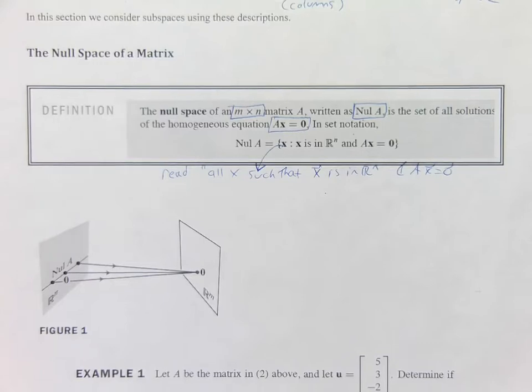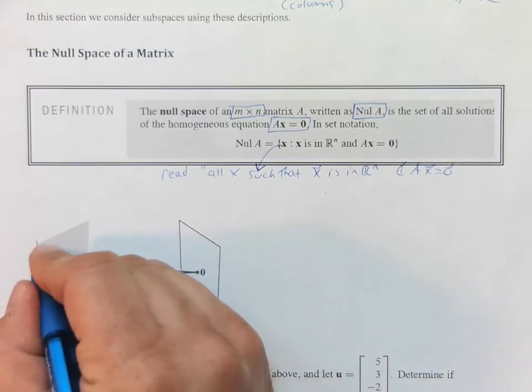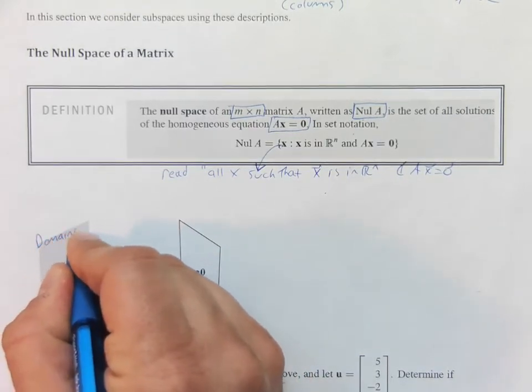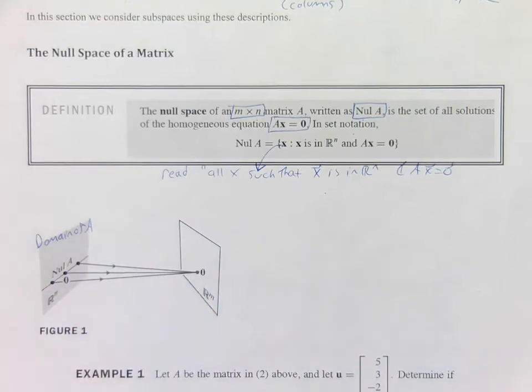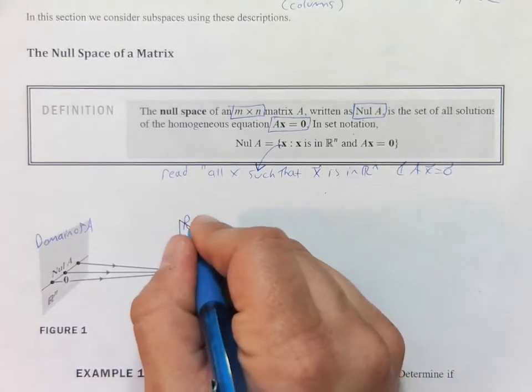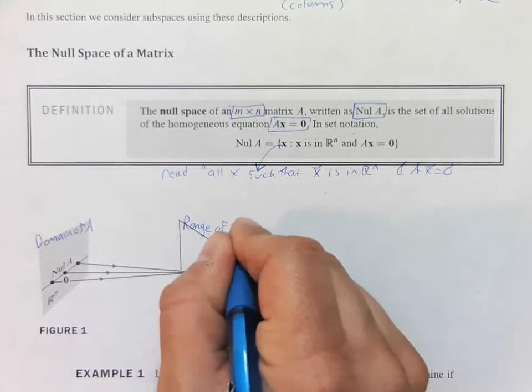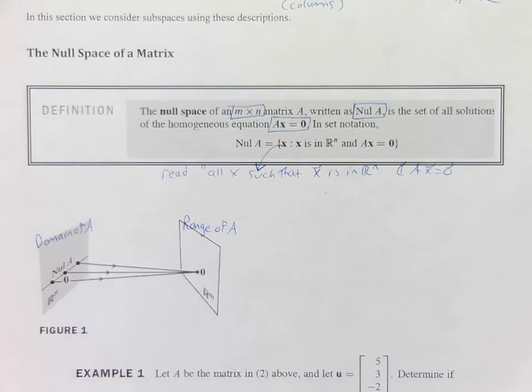Here's what that looks like visually. So if this is our domain, this might be the domain of A. If this is a linear transformation, it'd be the domain. And this might be the range of A. We've seen this graph or this image a couple times now. And we know that A is m by n, right?